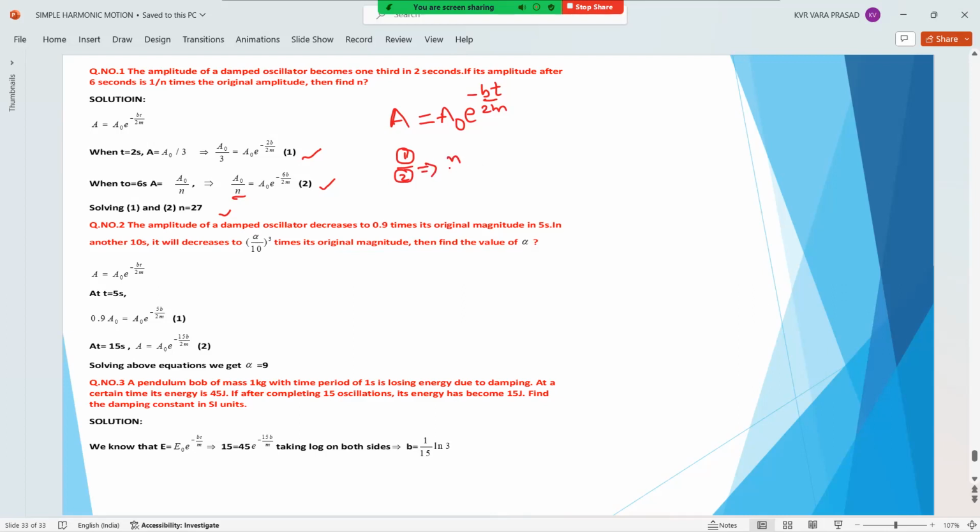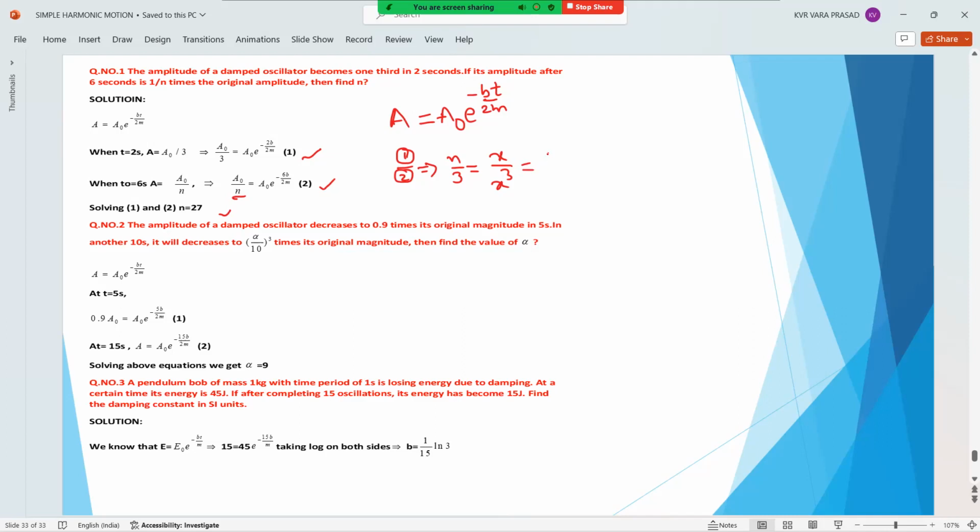We get n by 3 is equal to, let us take e power minus 2b by 2m as x. Now it is x cube. See carefully. I have taken e power minus b by m as x. Then e power minus 3b by m becomes x cube, right?